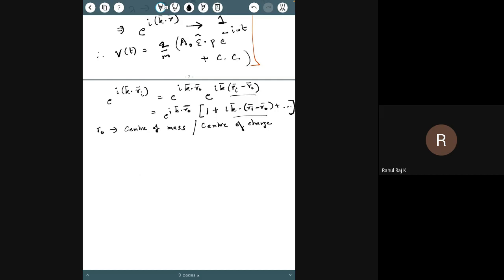But for now, we're sticking to the electric dipole interaction. Okay. So let's go back to the electric dipole Hamiltonian.